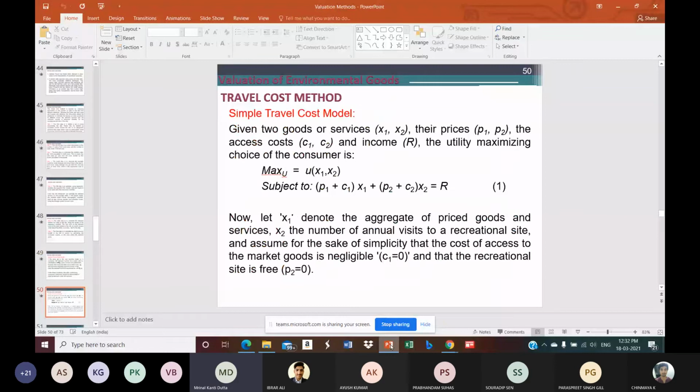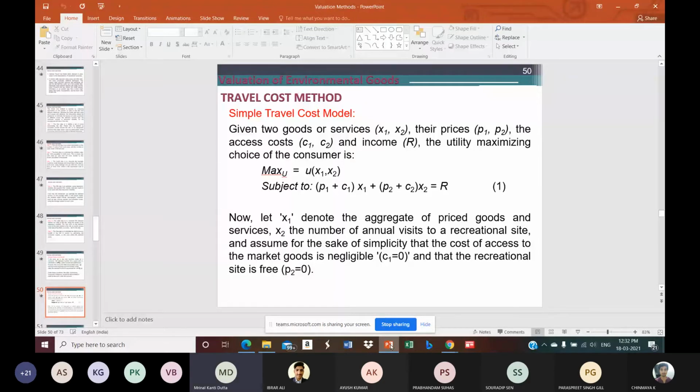If there are two goods or services, X1 and X2, there are prices for these two goods and services, P1 and P2, and access cost in certain form might be given as C1 and C2. For the consumer, the income remains constant. He has a limited income. So in that case, there is a constraint.